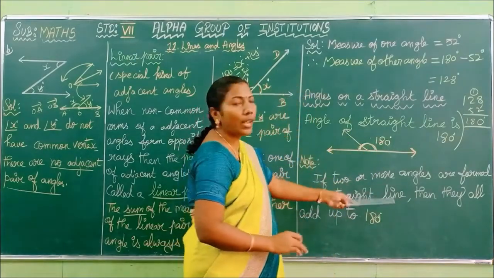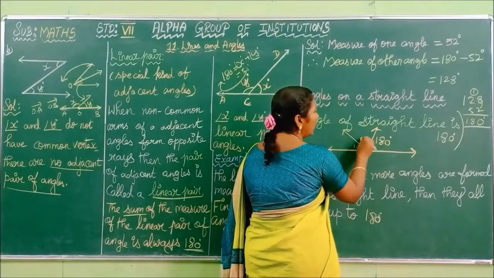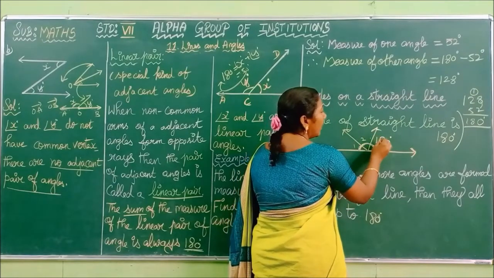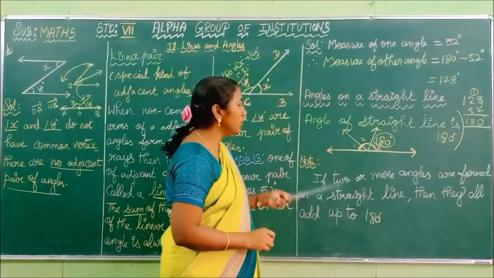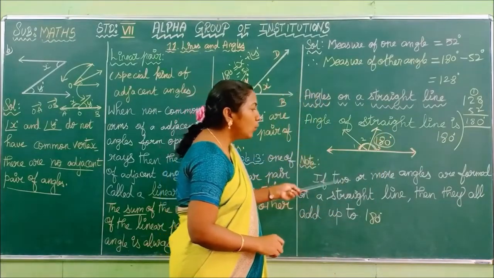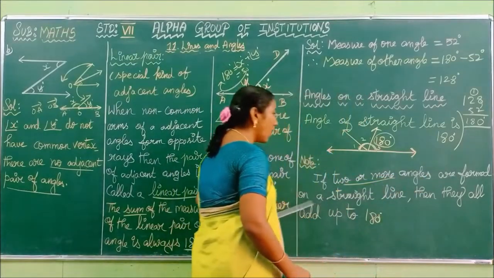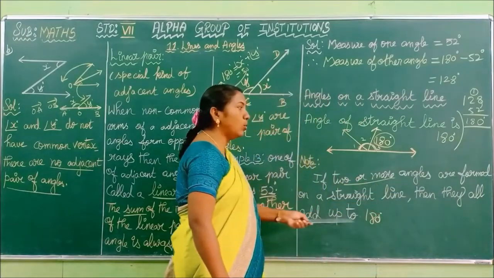Suppose two or more angles. Suppose you draw like this, now we can get three angles 1, 2, 3. If you add angle 1, angle 2, angle 3, in that case also you get the answer 180 degrees. That's what they are saying in the note. If two or more angles are formed on a straight line, then they all add up to 180 degrees.